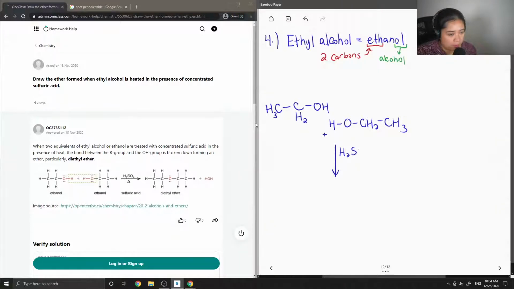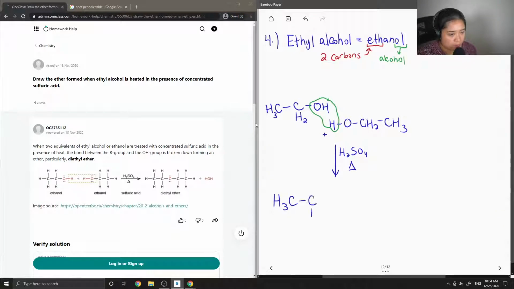Okay, so H2SO4 is a strong acid, and under heat, water would be removed, and then you form the following ether.